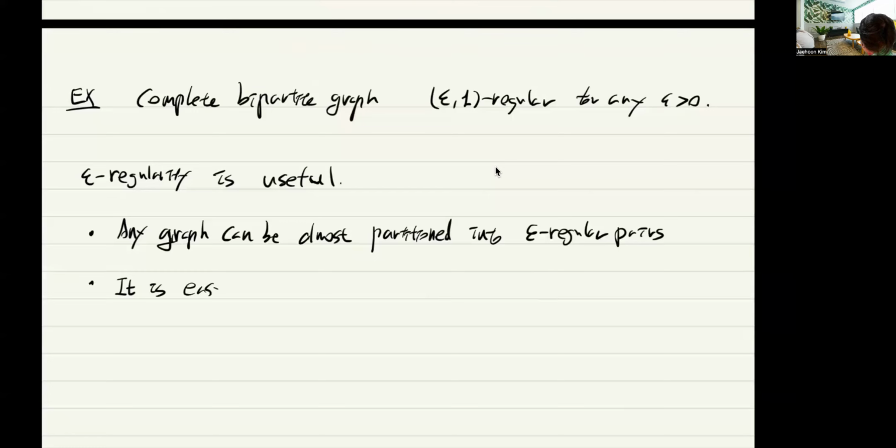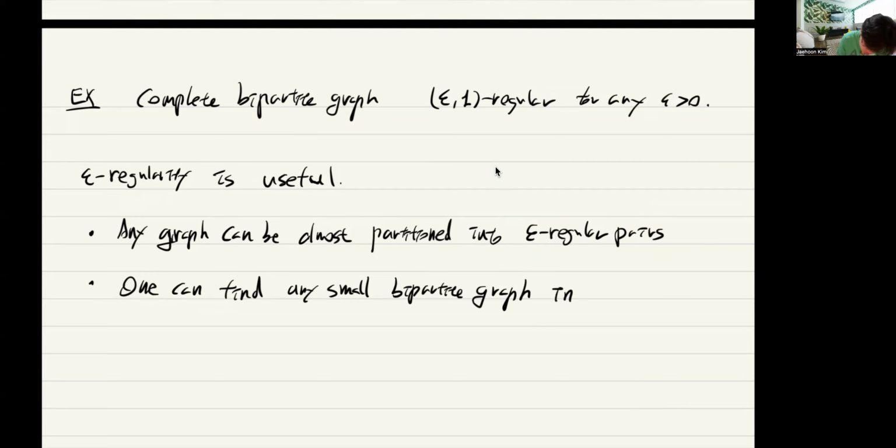And another reason is that it is easy to find any small bipartite graph in an epsilon-d regular pair, if epsilon is quite small compared to d.